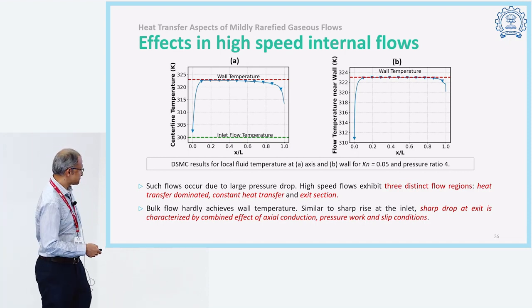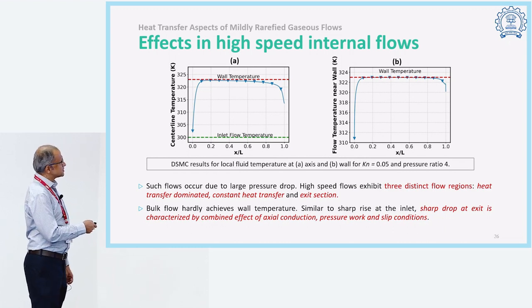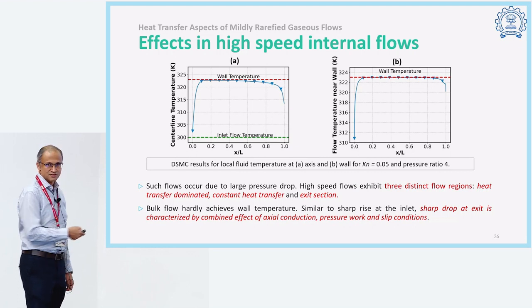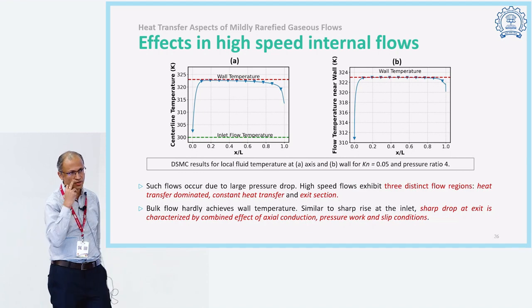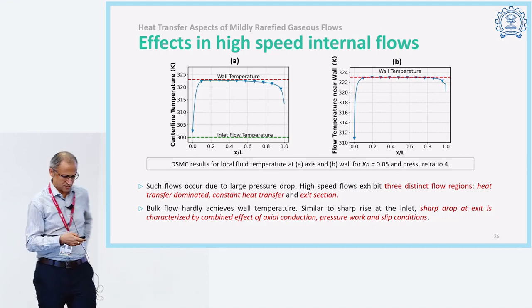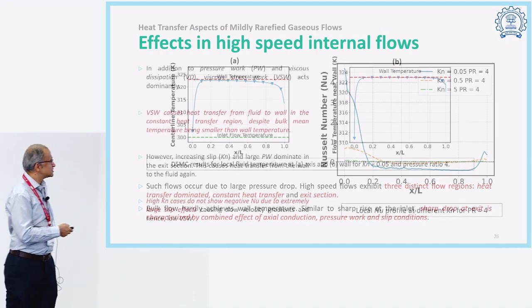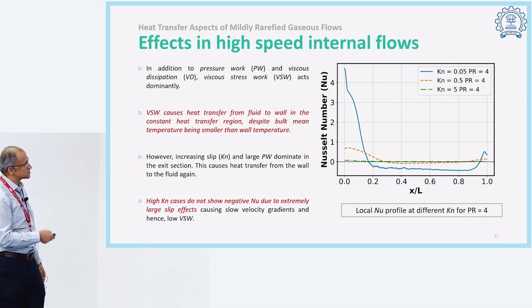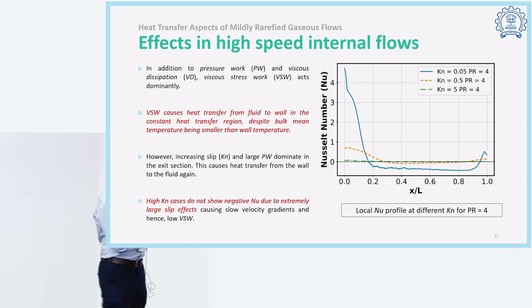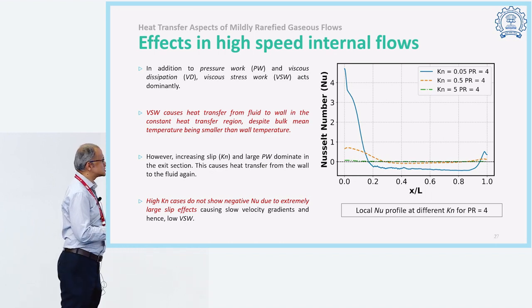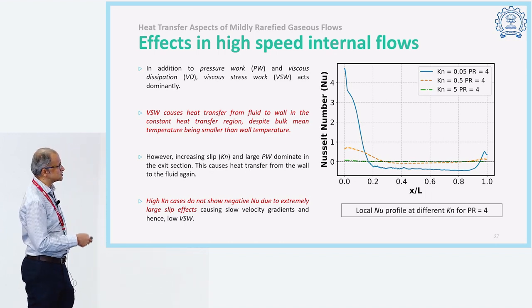What is happening here is that there is an expansion of the gas towards the end as it goes to the reservoir, and that leads to a drop in temperature. But what is happening in the middle is actually very interesting, and if you were to plot the Nusselt number, one gets a three-part distribution for the Nusselt number as a function of x in this case.